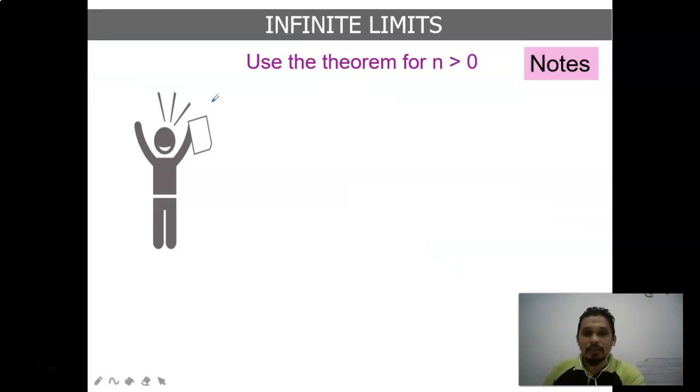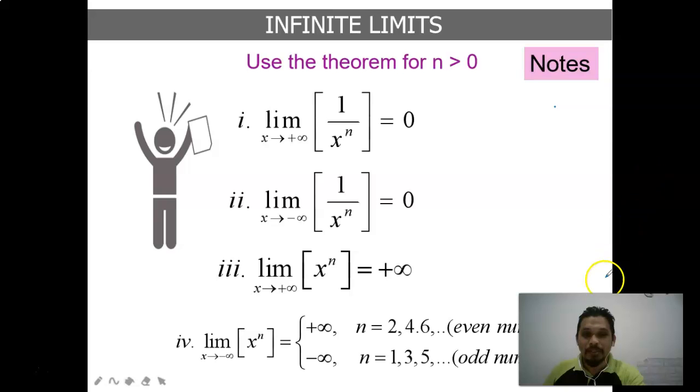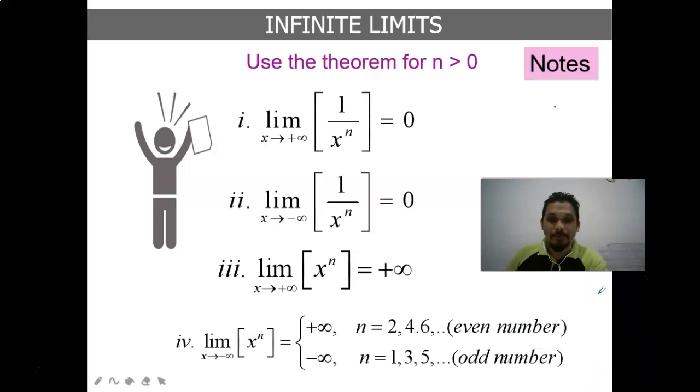So use the theorem: for n greater than 0, the limit as x approaches positive infinity of 1 over x to the power of n equals 0. And this one here, x approaching negative infinity, 1 over x to the power of n equals 0.